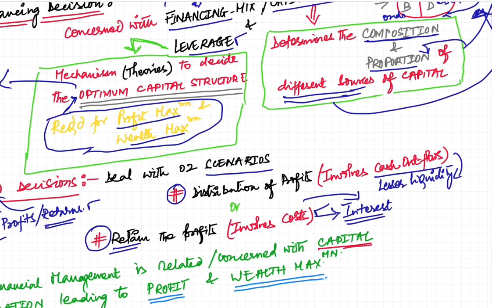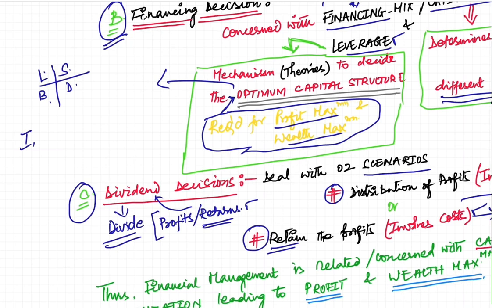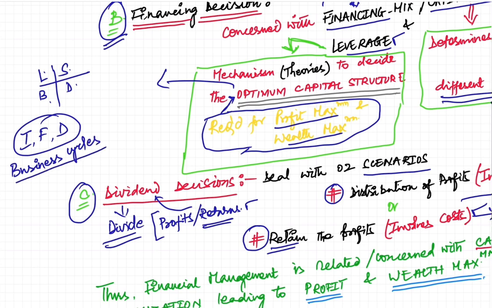This decision, or for that matter, all these three decisions, what are they? The three decisions: investment decisions, financing decisions, and dividend decisions. These three decisions depend upon, if you remember the concept, the business cycles.